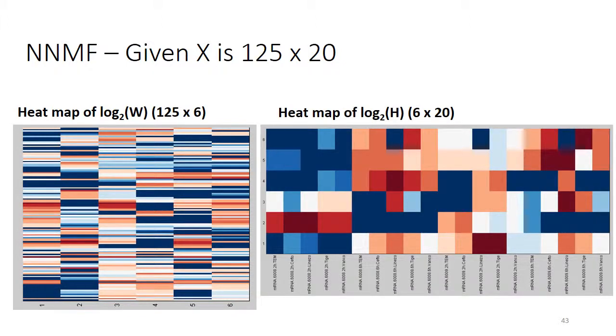And then a heat map of H shows here our 6 patterns we're looking for, and the 20 samples, and how they are expressed in each of these patterns.